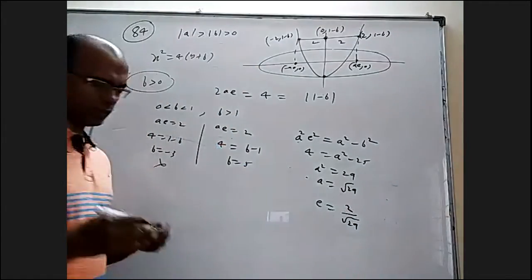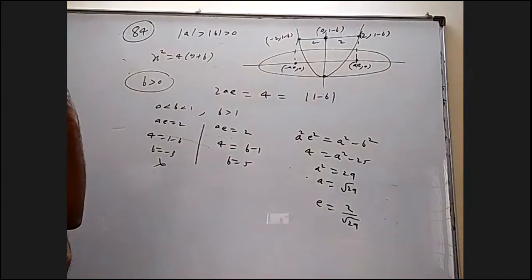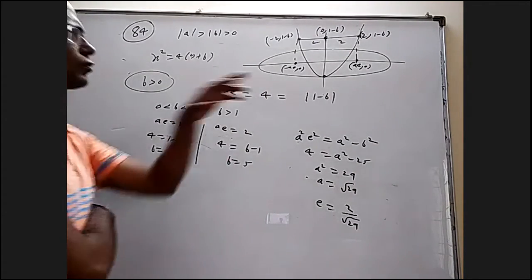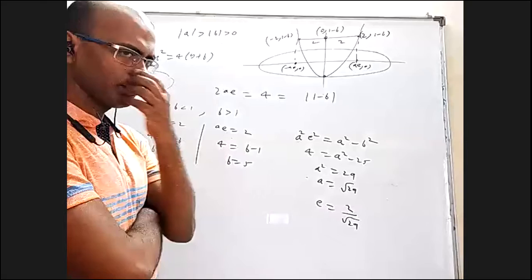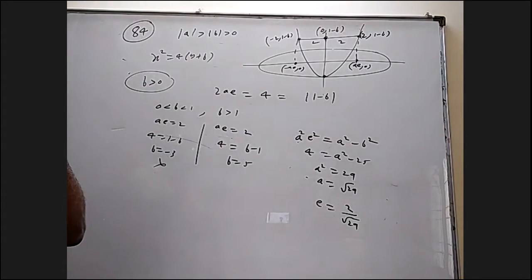Only thing is that the figure would not have been upward. 2 comma minus 4, where would that have been? That would have been here in this quadrant only. How can it be down?